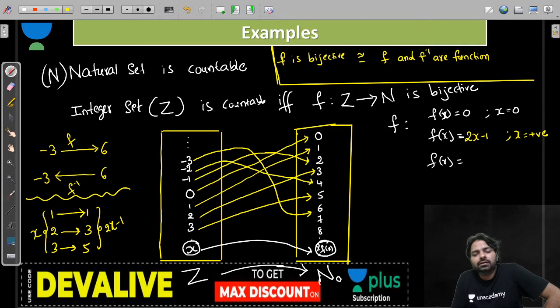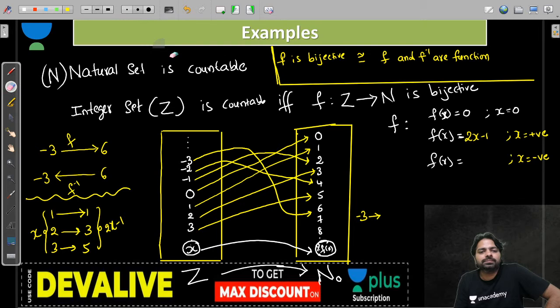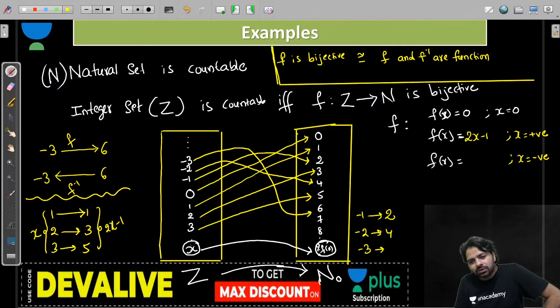And when x is negative, what kind of mapping is there here? Like minus 3 maps to, okay, first we'll start from minus 1. Minus 1 maps to 2. Look at that. Minus 2 maps to 4. And what is the relation we have?